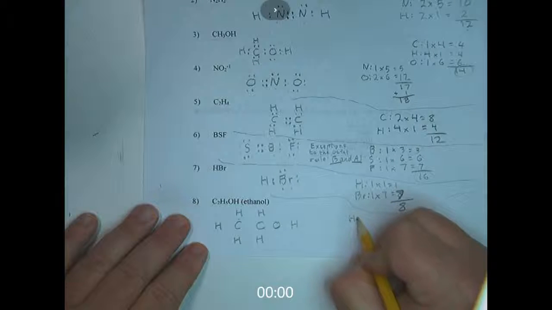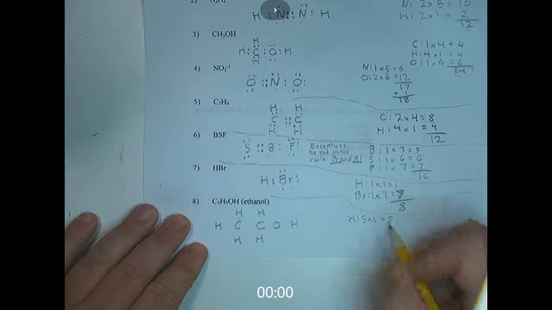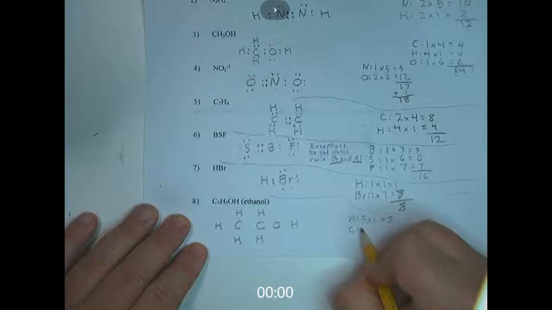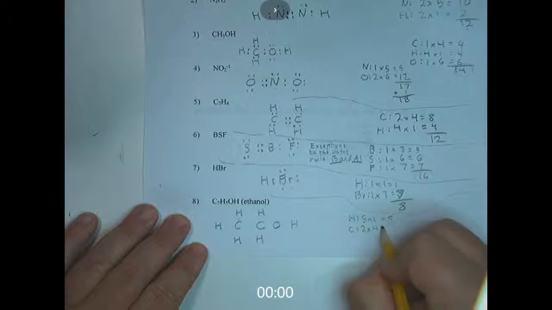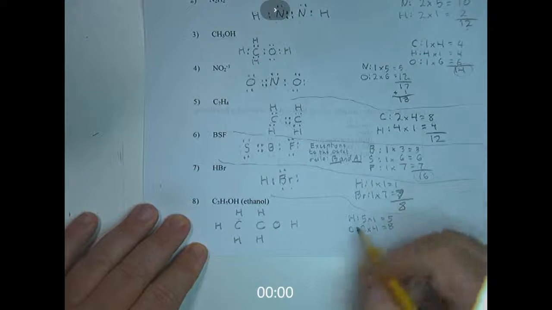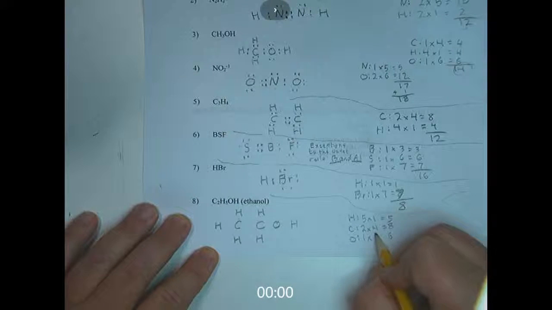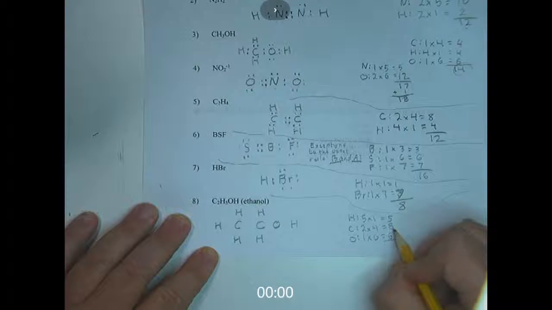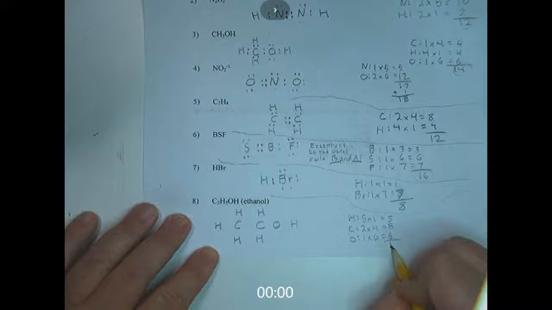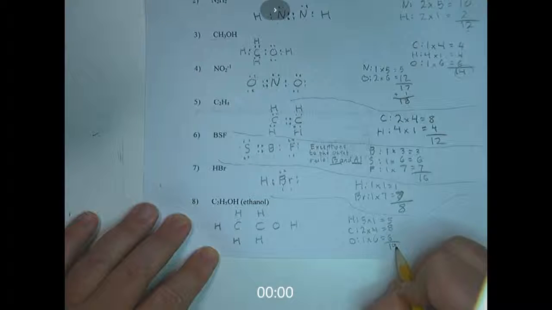Okay, so what do we have? We have hydrogen. We have 5 times 1 equals 5 total valence electrons. Carbon. We have 2 times 4 equals 8 valence electrons from carbon. And oxygen, we have 1 times 6. Okay, and you get 15, 19. Now 19 is going to present maybe an oddball situation.